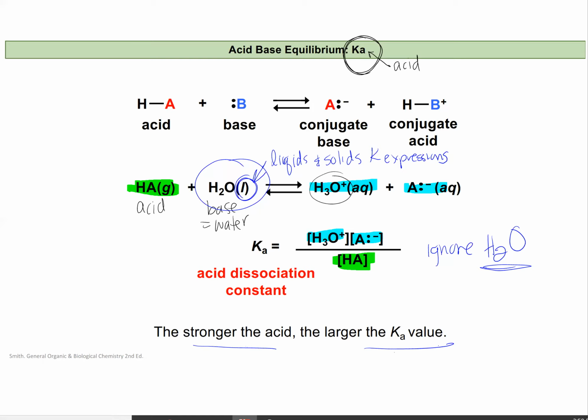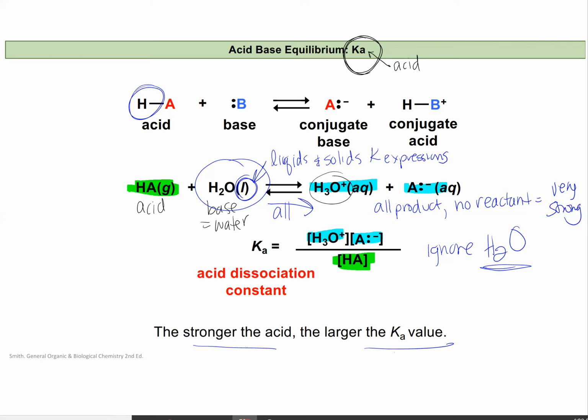What that's coming from is that the stronger the acid, the more of these bonds to the acidic hydrogen break. So if all of them break, we would have all product and no reactant left. And this would be very strong as an acid.